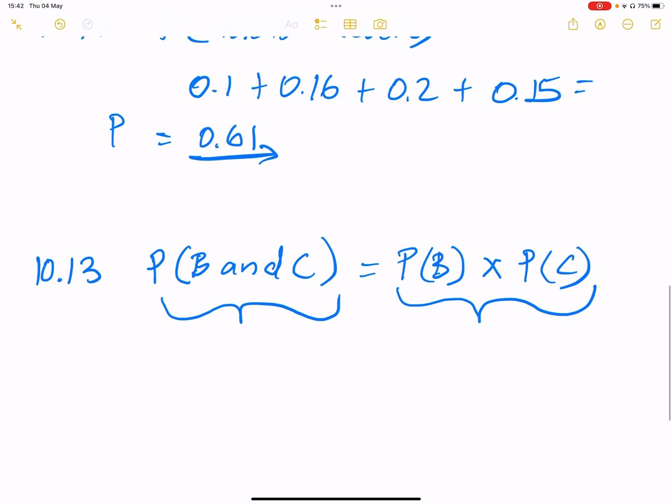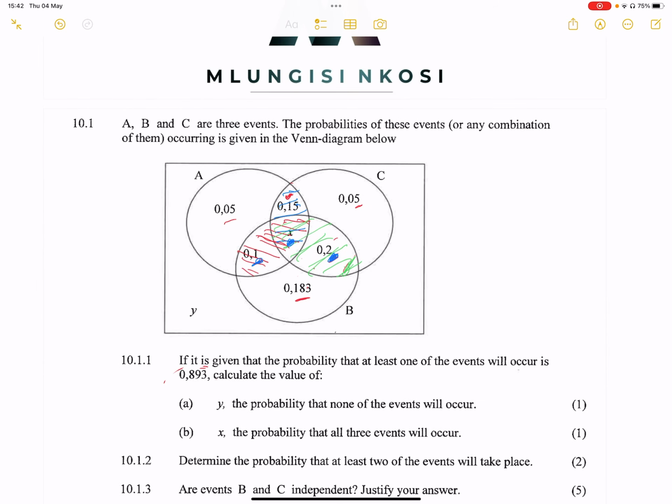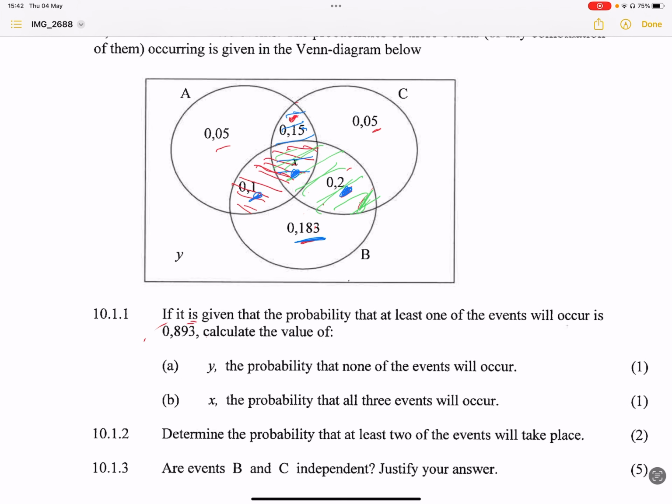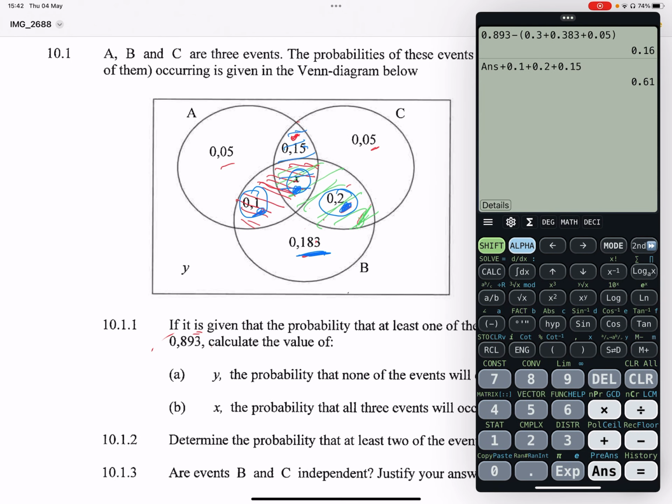Now let's do this. Let's find the probability of B on its own. So let's go back. The probability of B, that's 0.183, 0.2, 0.1, as well as X. So we can add that up.